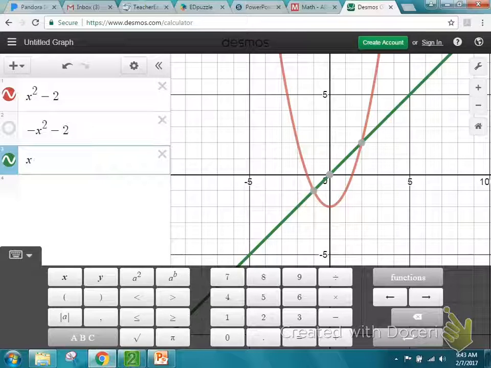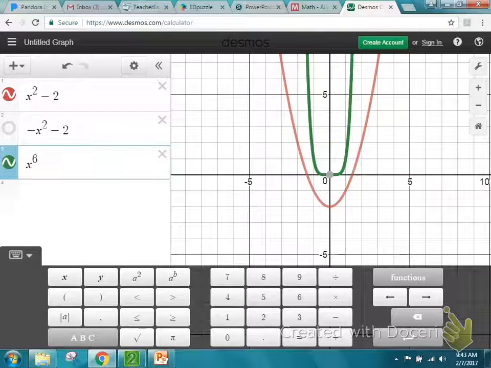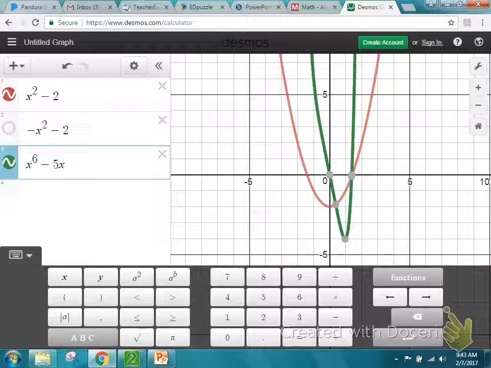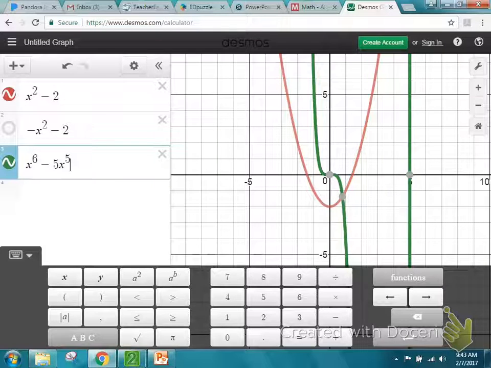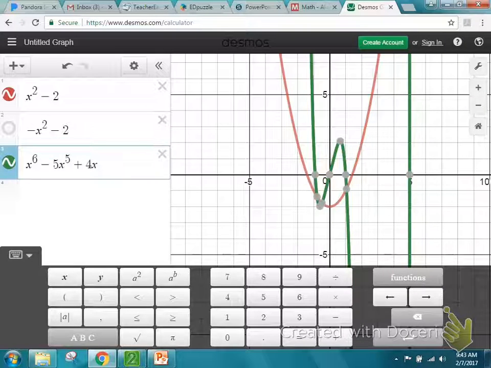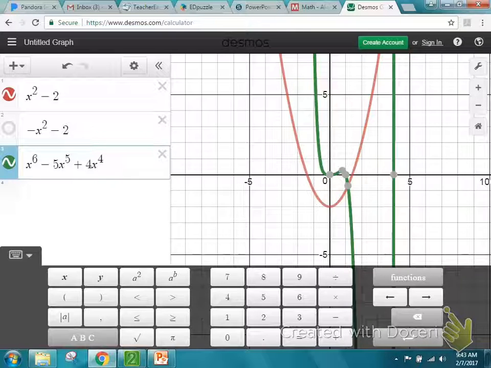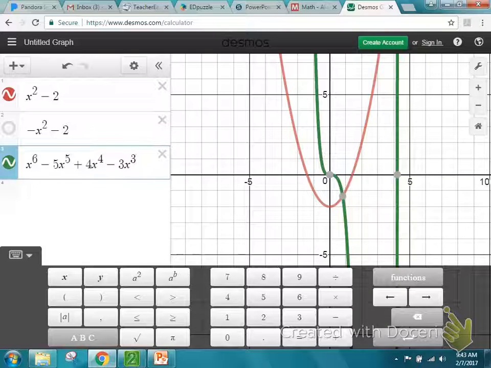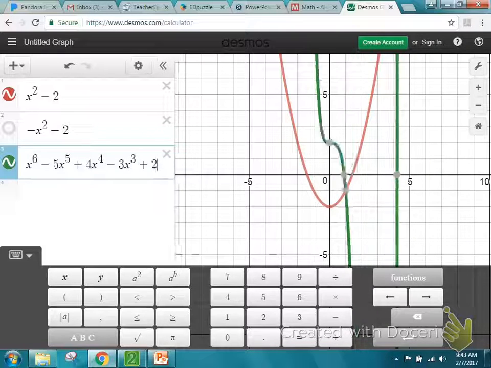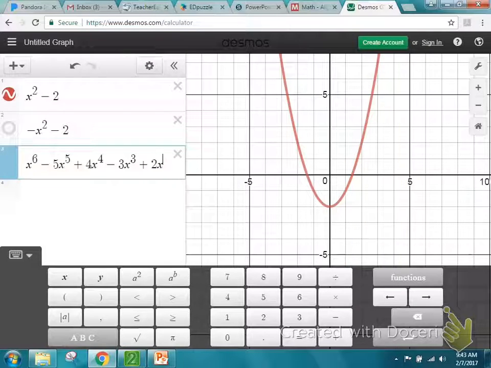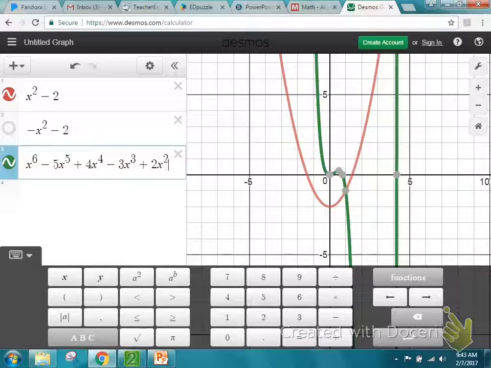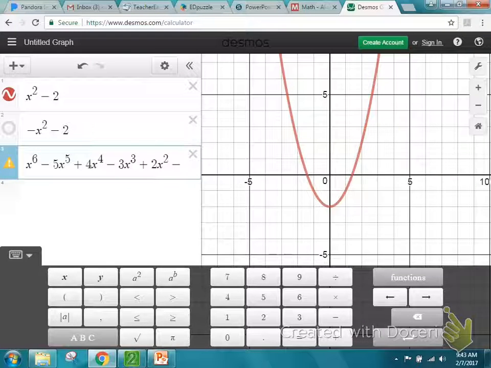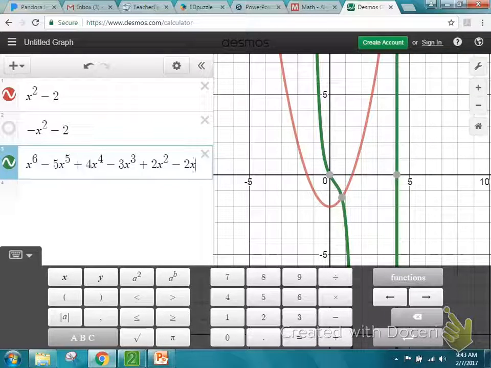I'm going to pick a new one. Let's go big or go home. Let's go x to the 6th, minus 5x to the 5th, plus 4x to the 4th, minus 3x to the 3rd, plus 2x to the 2nd, minus 2x, plus 1.